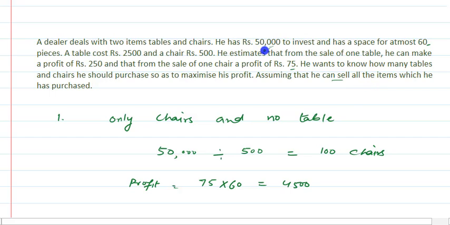in class 11. The first line is he has rupees 50,000 to invest, means he can invest a maximum of rupees 50,000, and he has invested this amount of 50,000 on two items.